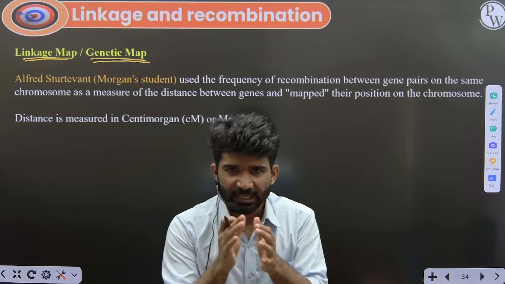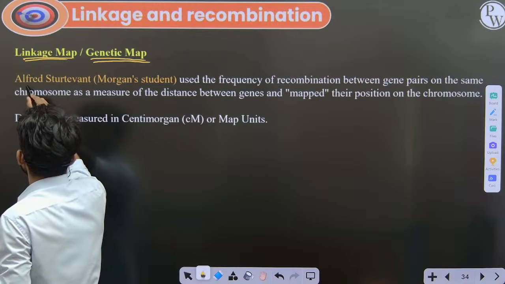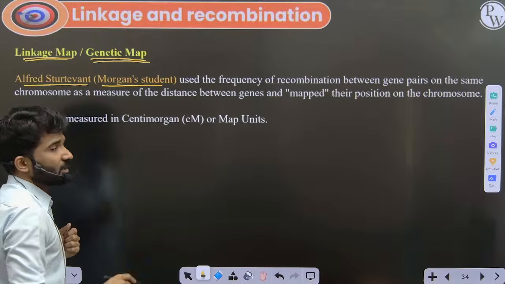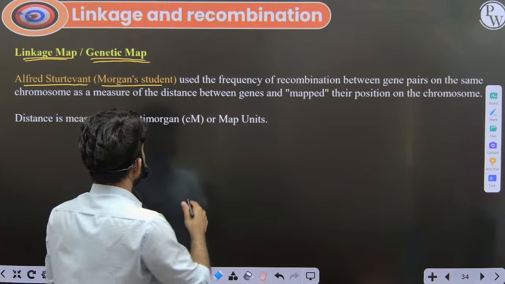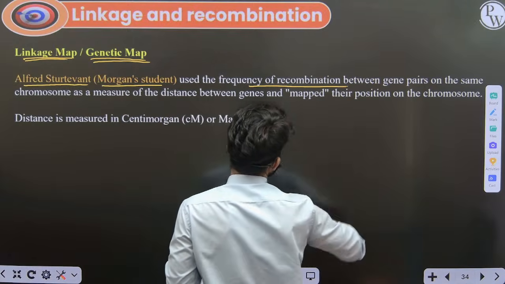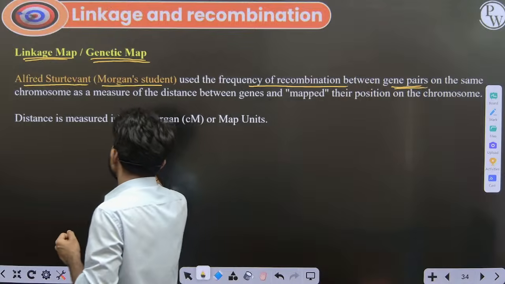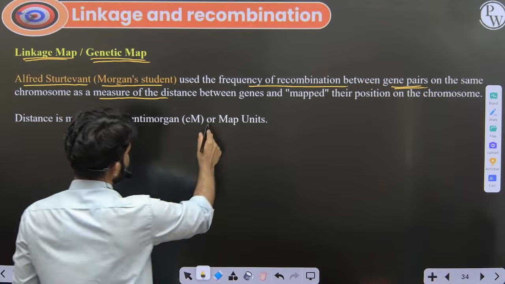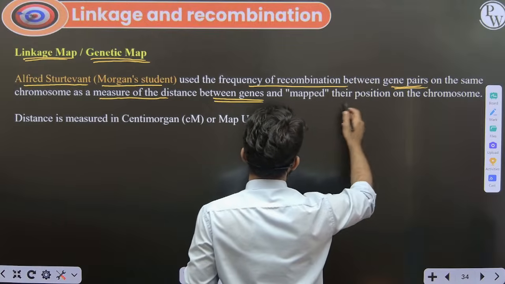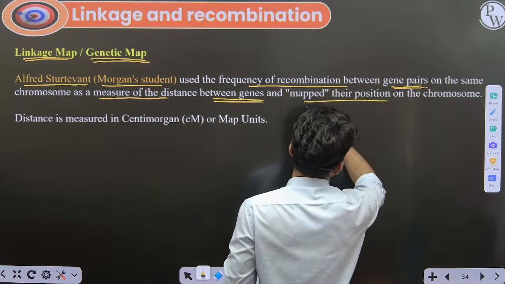This concept of genetic mapping was given by Alfred Sturtevant, one of the students of T.H. Morgan. He used the frequency of recombination between gene pairs on the same chromosome as a measure of the distance between the genes, and mapped their positions on the chromosome.